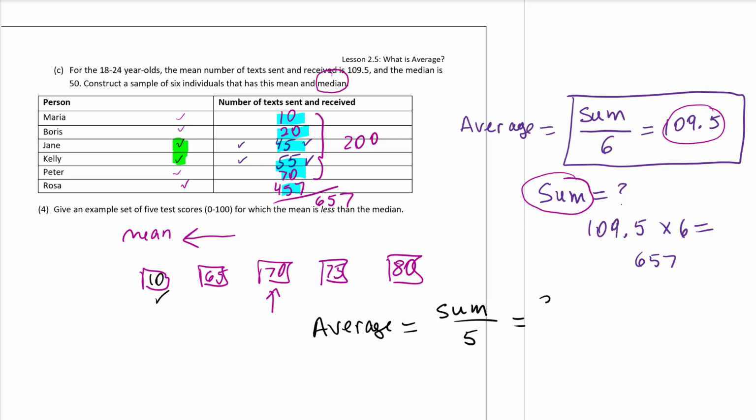That's going to be 300. And you divide it by 5, so that gives you 60. All right, so that is less than the median. So you see the idea is that in order to come up with the average to be different from the median, you want to use those extreme observations.